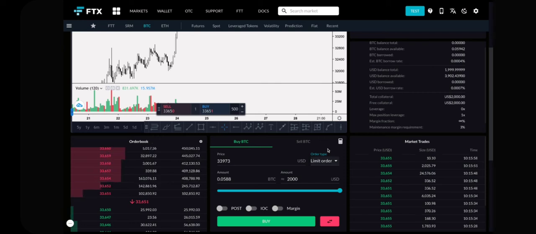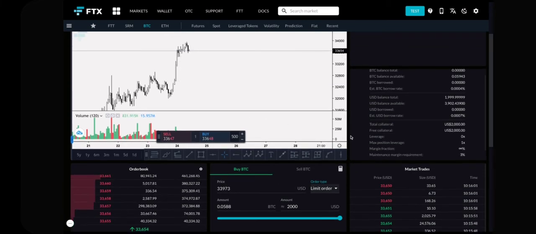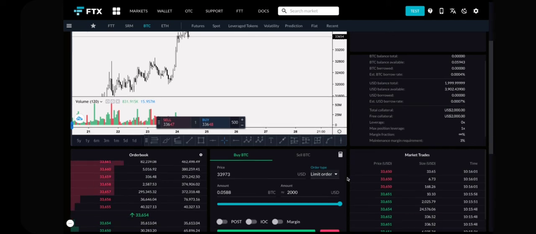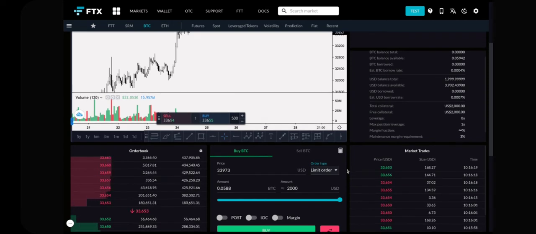So that's a common one that catches people out as well. So be careful with that, because if you place a limit order incorrectly, it's going to give you a price that you didn't want. So if you wanted 33,973 and you place the limit order, it's going to give you 33,654, and it's going to put it through as a market trade, which is going to cost you some fees as well. And then you would have to reverse that and sell it, which is going to cost you more again.